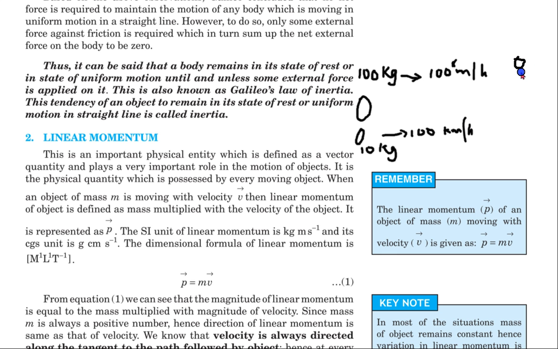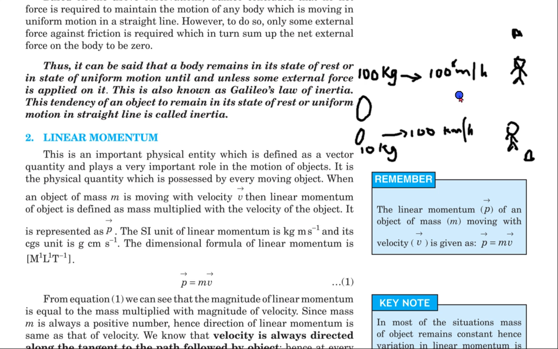A man is standing here, and they try to stop these two bodies: a man A and a man B. B tries to stop this 10 kg mass, and person A tries to stop the 100 kg body. These bodies are moving with the same speed, 100 each.